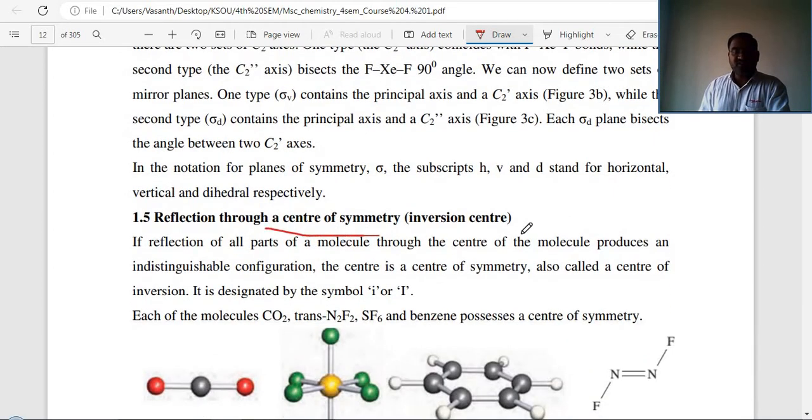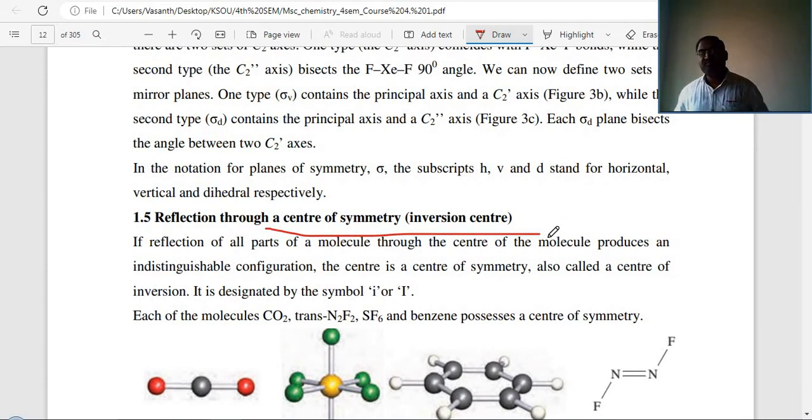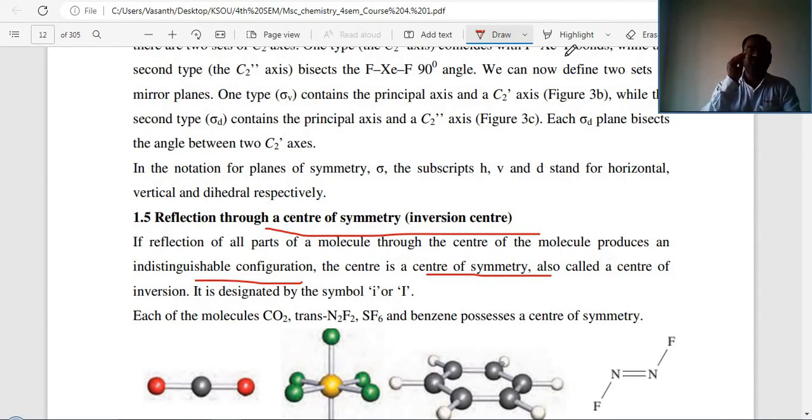Next, reflection through a center of symmetry, meaning an inversion center. If reflection of all parts of a molecule through the center of the molecule produces an indistinguishable configuration, the center of symmetry is called the center of inversion.